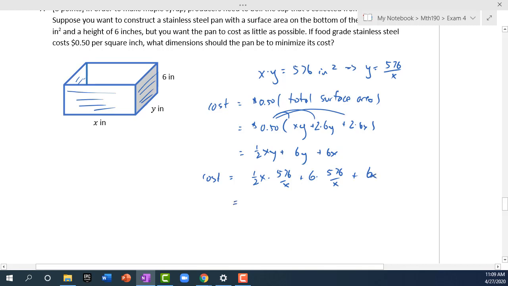Half of 576 is 288, and we lose the x. That's just 288 plus 3456 over x plus 6x. Now that's cost as a function of just x.